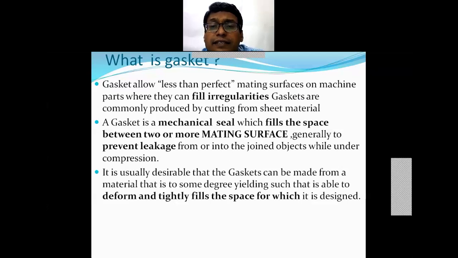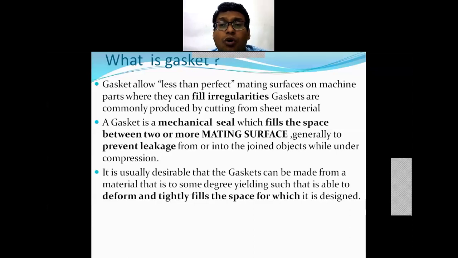A gasket is specifically used to fill the irregularities between two flanges or two mating surfaces on a machine part. It is not necessarily that we use these gaskets only between the flange joints of pipes, but also in machine parts where two metal parts are clamped.